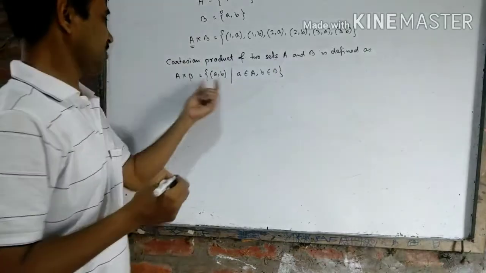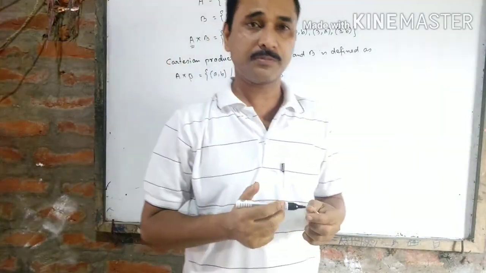All such collections is called the Cartesian product A cross B.